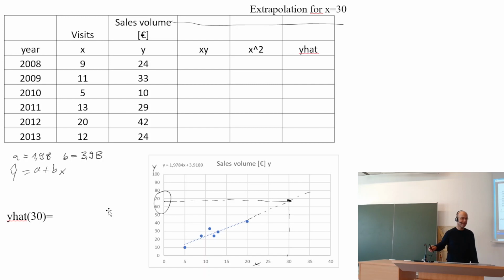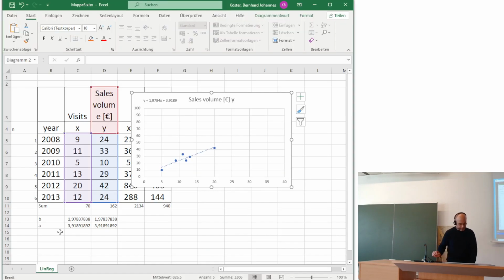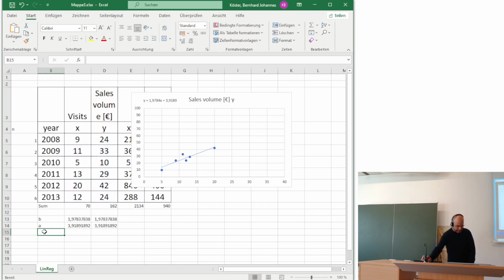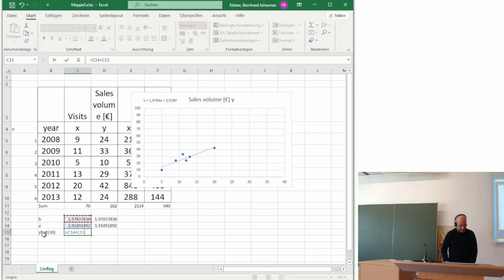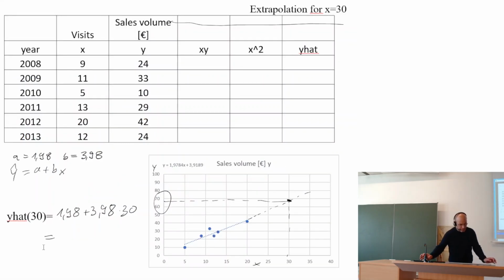So y hat of 30 is then A plus B times 30, which is 63.27. Oh, sorry, I changed the numbers.